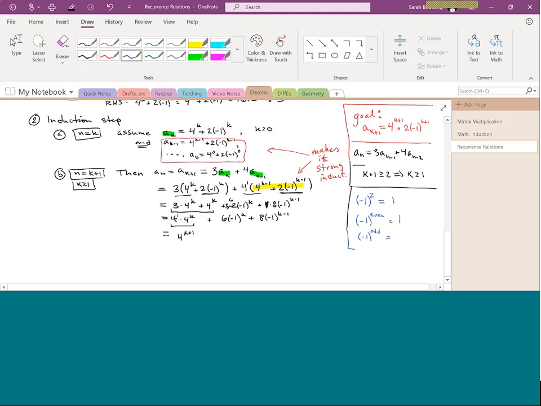What happens if your -1 is raised to any odd power, though? Correct. So that would be when you have the -1. So what we want to jump to is we want to jump from this -1 raised to the k, or k minus 1 exponents. We want to jump up to k plus 1.